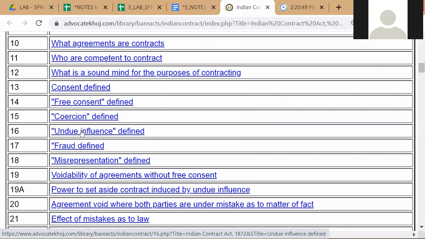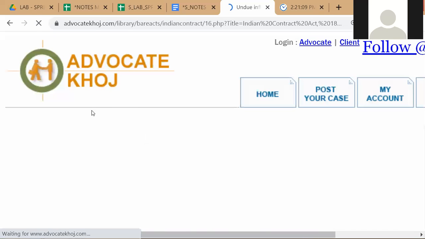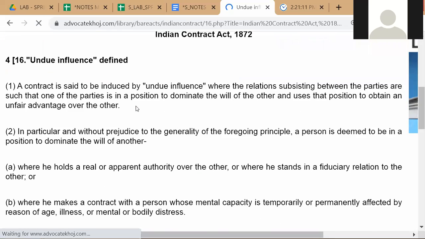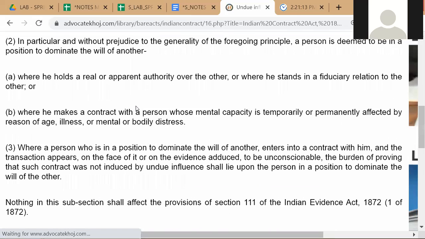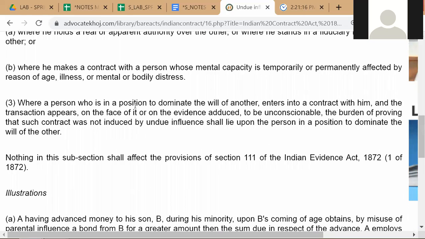Once undue influence is shown, once Pulkit is able to demonstrate in court that this person was my teacher, so obviously I could not argue with him on an equal footing, and I had to pretty much accept whatever he was saying, then as you can see in this section, the court will say, Ram, you prove that this contract was not vitiated by undue influence.